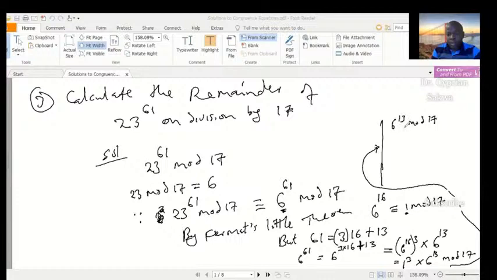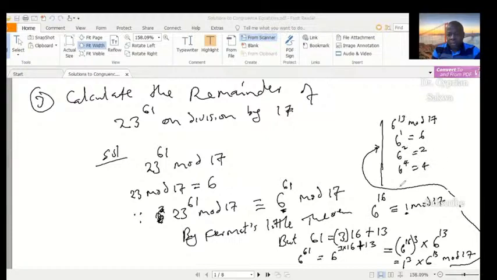And for this one I can create a square table, and you recall how I did this in my previous videos. So 6 raised to 1 will just be 6. 6 raised to 2 would be 36. 36 divided by 17, the remainder will be 2. Then 6 raised to 4, which is the square of this, would be 2 squared, which is 4.